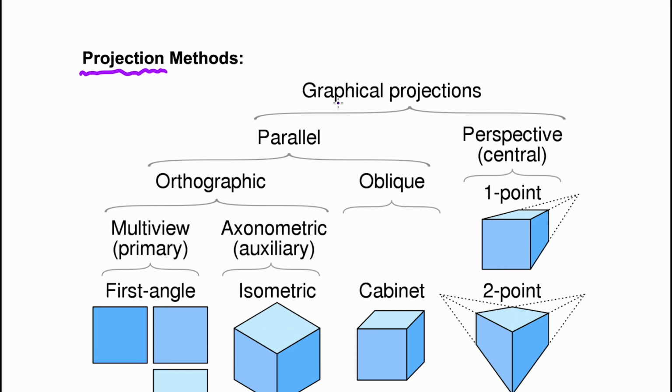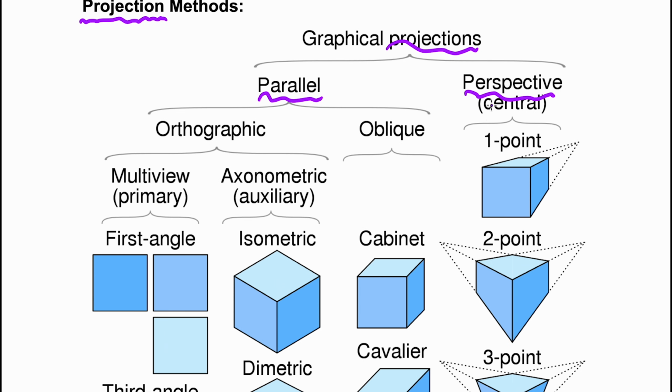There are different methods of projection, and all of these projection methods are separated into two sections. The first one is the parallel projection, and the second one is the perspective projection. Perspective projection is what we actually do in real life. It's what our eyes are made for.